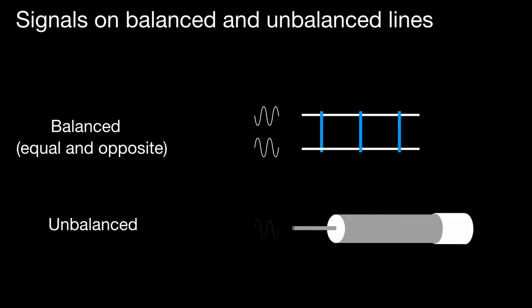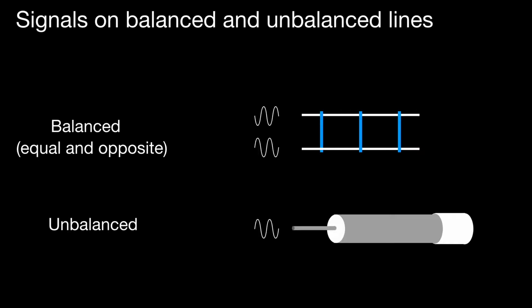On an unbalanced line, the entire signal is applied to the center conductor, and the entire energy is contained within the inner surface of the braid, the outer conductor. This makes a coax cable very useful because we can feed it through walls with ease, and we won't be disturbing the signal because it's all contained within the inner surface of the braid or outer conductor.